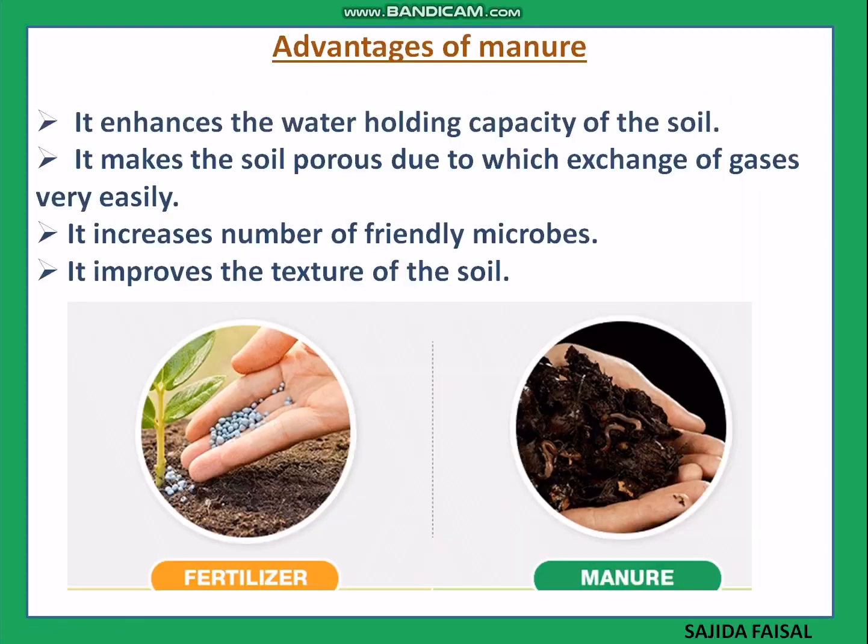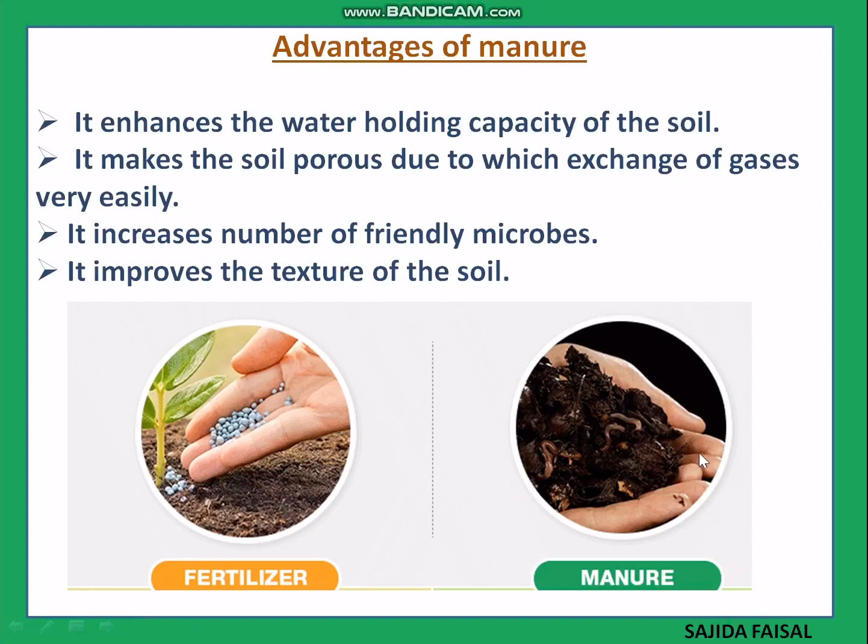Then advantages of manure. If we are using manure, we will be getting so many advantages. First one, this manure enhances water holding capacity of the soil. Water holding capacity will be increased. Then it makes the soil porous due to the exchange of gases.